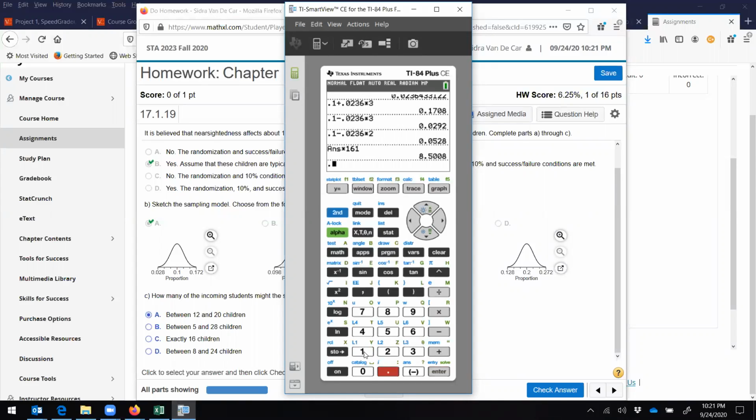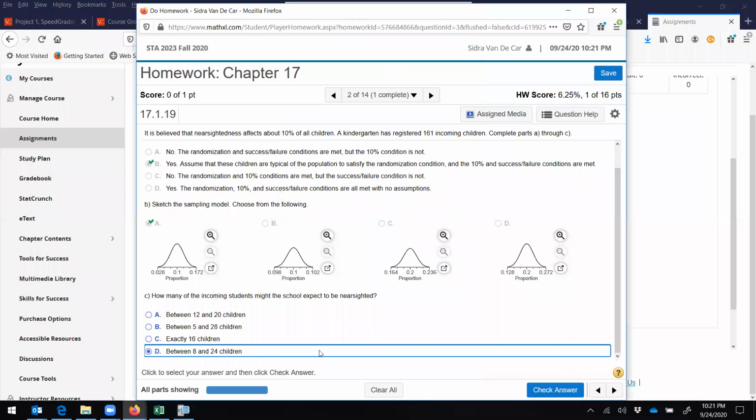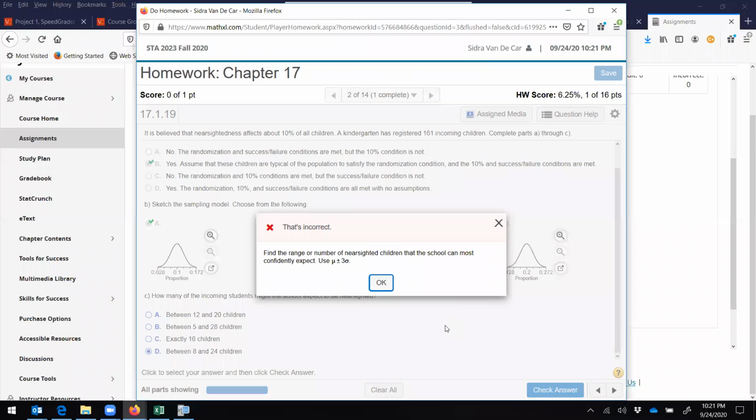And 2 standard deviations up times the 161 children would give me about 23.6. So between 8 and 24 children would be 95% of my data. So that's what we might expect.